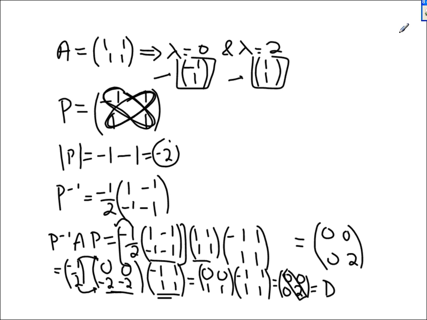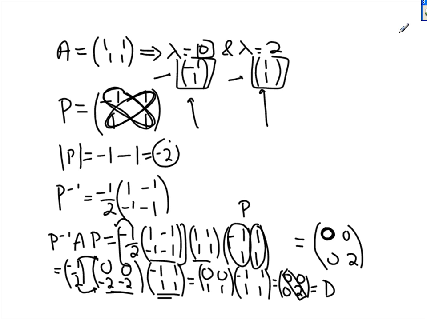Now let me be clear about something. When it came to matrix P, I put this eigenvector down first, and that corresponded with 0. Oh look, the first diagonal entry was 0. Then I put down 1, 1.